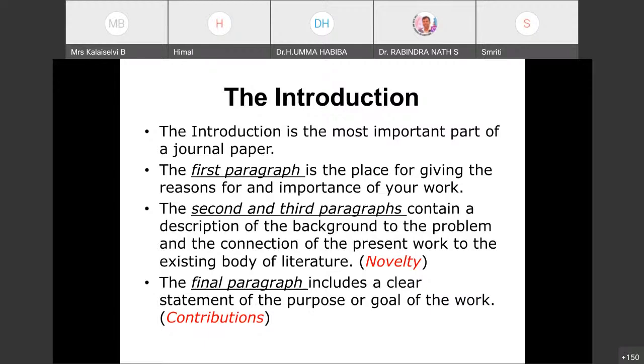So it's very important that you structure the introduction with this kind of strategy, because once again the reviewers and also the readers of your paper will first have a good read of the introduction before they decide to move on to reading the other parts of your research paper.